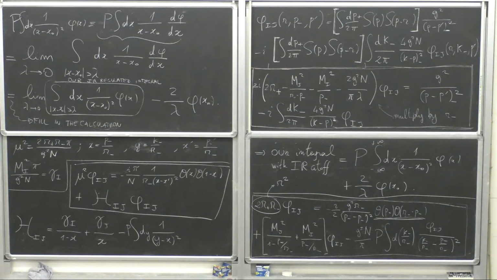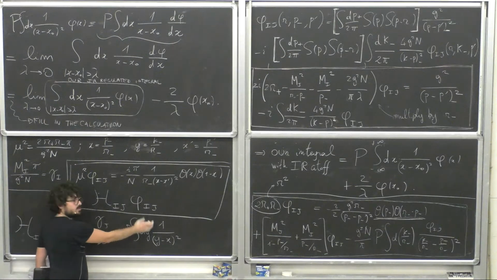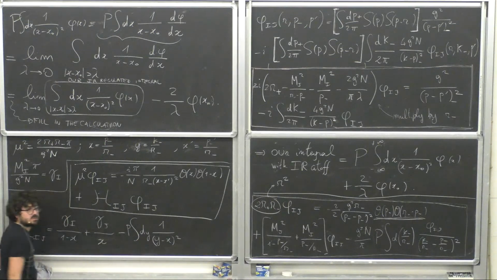Is it clear? H applied to phi here is just a multiplication operator, while here we need to put phi inside this integral, in the last piece.